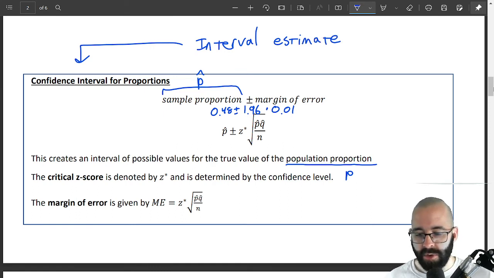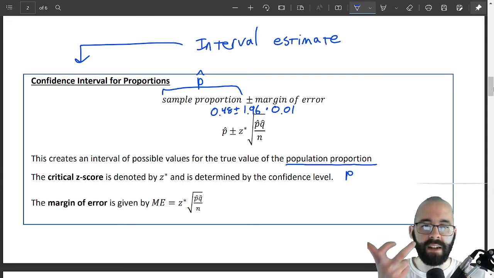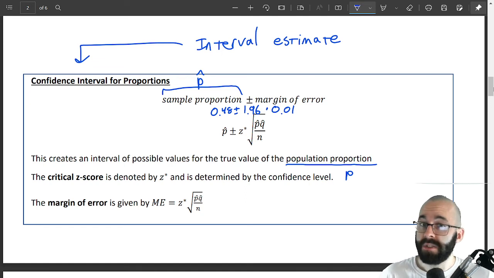All right. This critical z-score, that's that 1.96. And that's how many standard deviations away from the mean do we have to be to get 95% of the data? And it's close to 2, right? Empirical rule says that within 2 standard deviations is about 95%. Well, it turns out if we want exactly 95%, it's 1.96 standard deviations away from the mean.